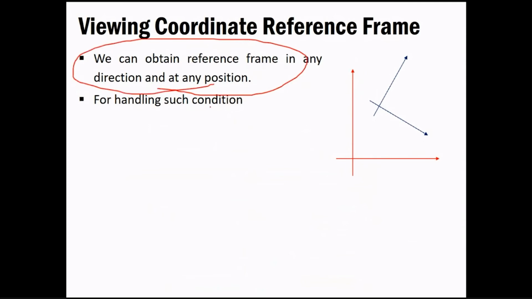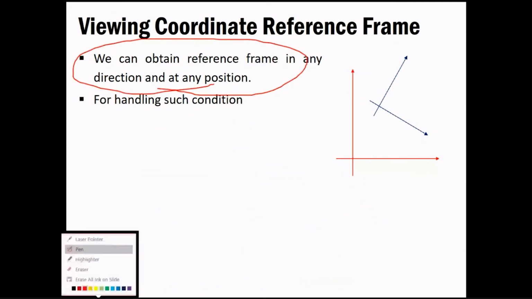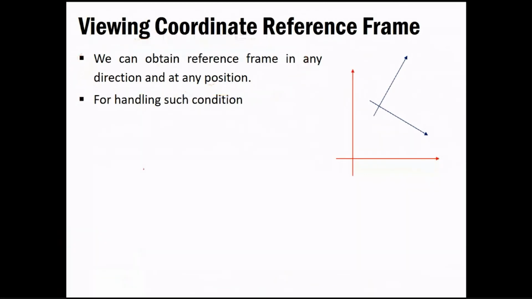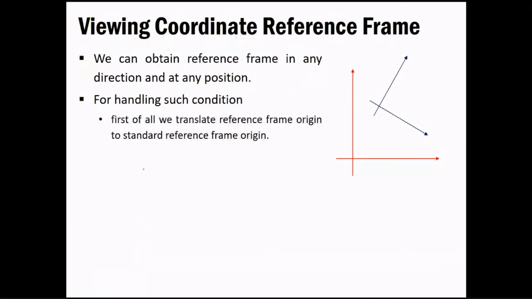So for handling such conditions, first of all, we translate the reference frame origin to the standard reference frame origin. Whatever direction you want to operate on, you try to bring it to the standard reference frame origin, or simply, you bring it to the origin.